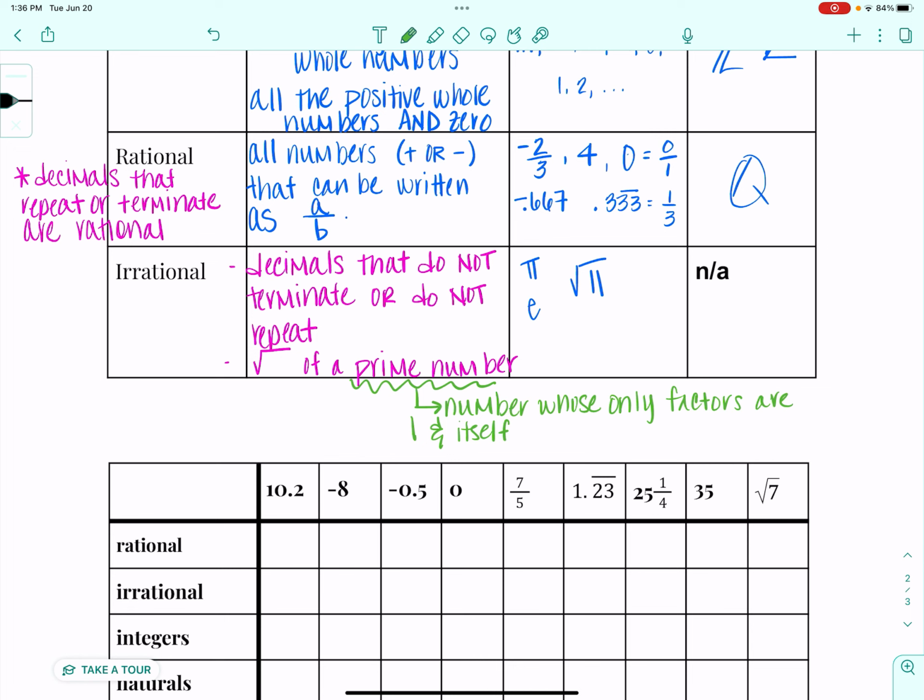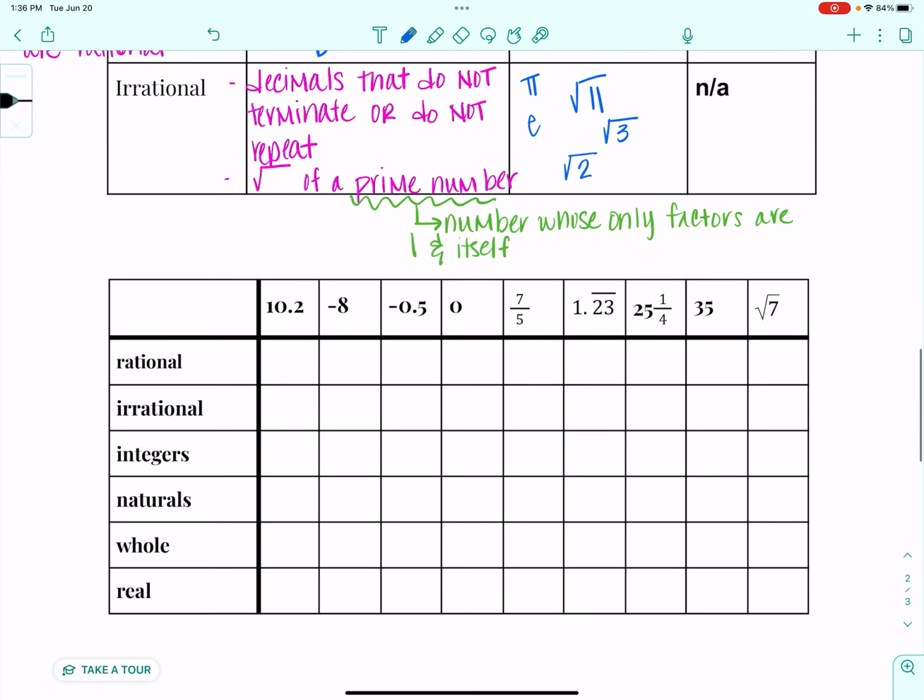So 11 is prime. If we looked at the square root of 3, 3 is prime, so that would be irrational. Square root of 2, all of those are irrational numbers. So let's go see if we can classify some of these.